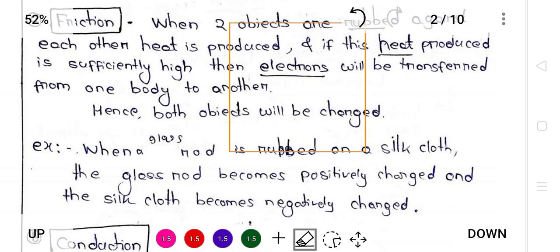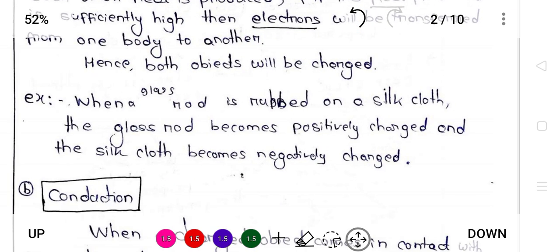You have seen the example before also, that when a glass rod is rubbed on a silk cloth, the glass rod becomes positively charged and the silk cloth becomes negatively charged.